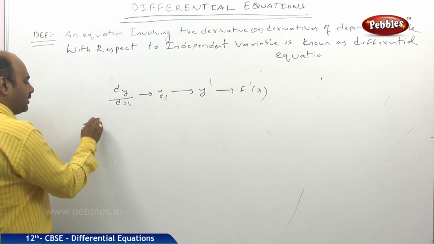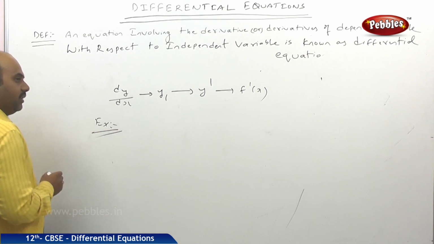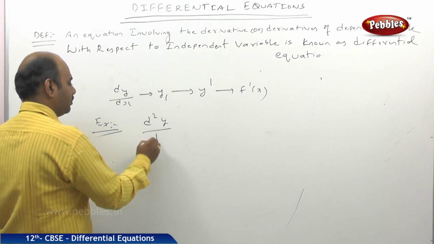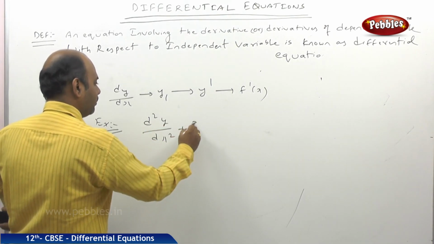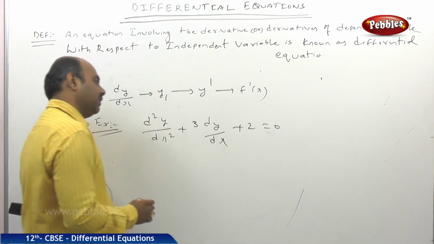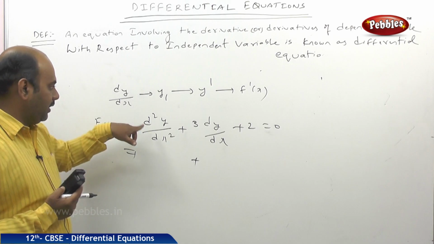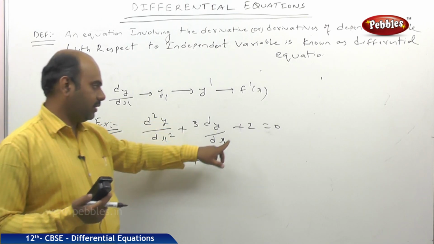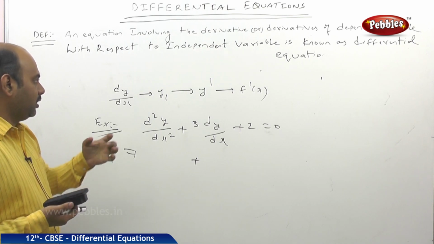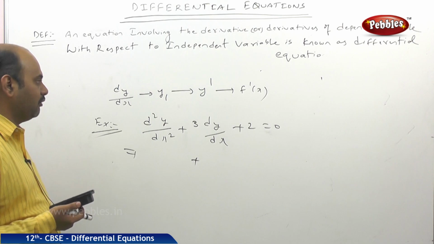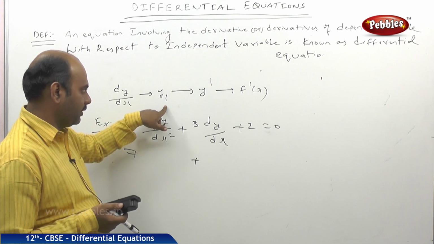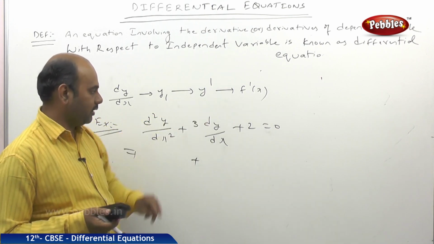For example, while manipulating or doing calculations, I need to go by an easy process. A question is given to you: d square y by dx square plus 3 into dy by dx plus 2 equal to 0. Now we will write this in terms of y1. dy by dx is nothing but y1, or y dash, or f dash x.